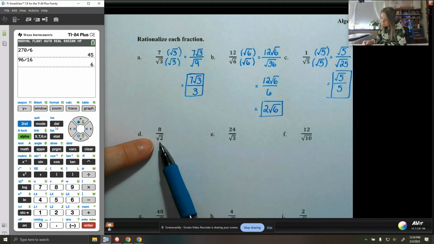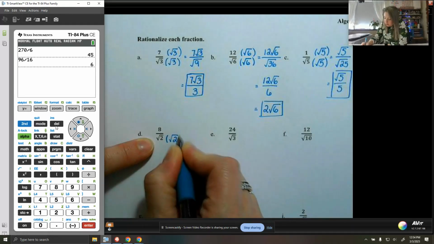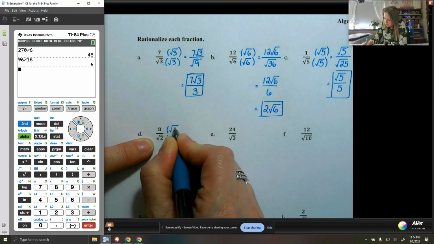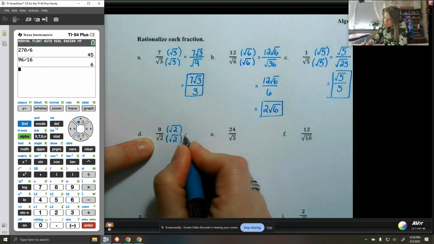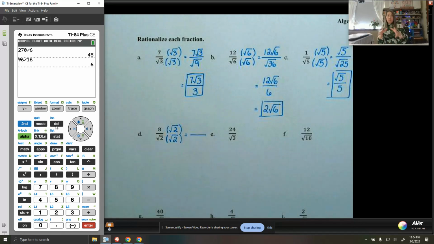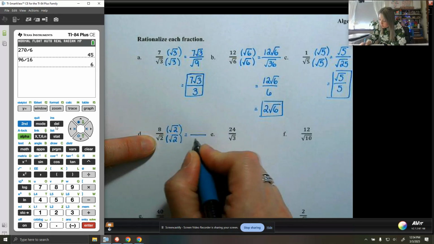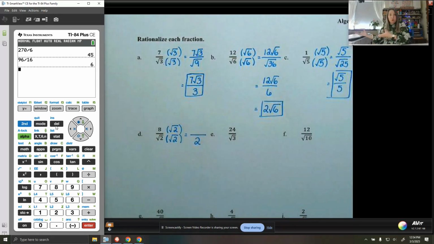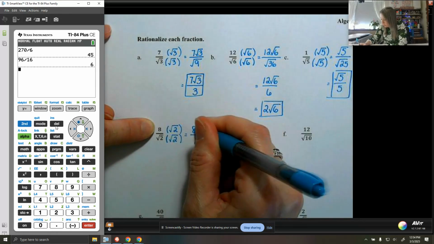All right, down here, radical 2 in a denominator. Well, there it is again, multiplying top and bottom by that radical 2. Since you've seen the pattern in the denominators, you can go straight to radical 2 times radical 2 is radical 4. What's the square root of 4? It's 2. So feel free to start doing that. 8 times radical 2 is 8 radical 2.